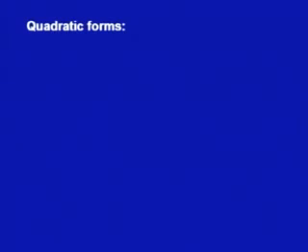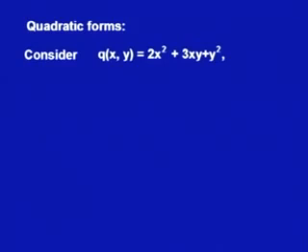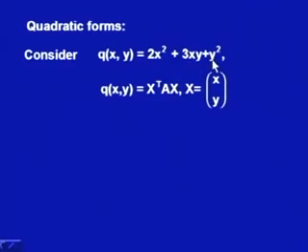Now we come to the quadratic forms. Some examples. If we consider this quadratic form 2x square plus 3xy plus y square in 2 variables, then we can write this quadratic form in the matrix form as x transpose Ax, where x is a column vector x and y. How do we get the matrix A?